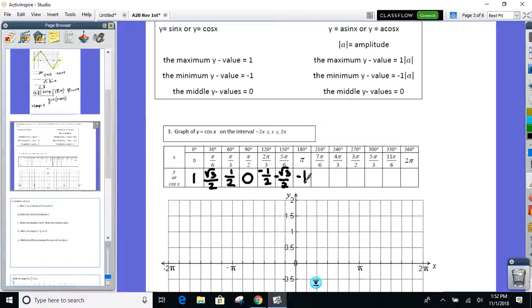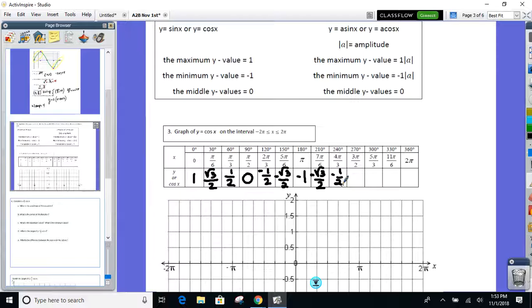210. Reference angle. 30-degree reference angle, right? So radical 3 over 2. We're now entering the third quadrant. Keep it positive or negative for cosine? Negative in the third. And they're starting to repeat. All right, so I got negative 1/2. Ooh, 270.